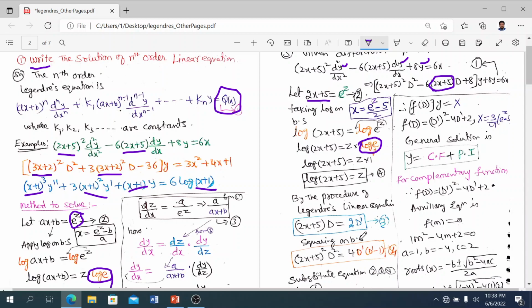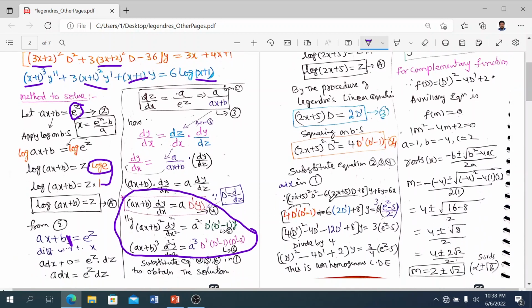Now squaring on both sides, (2x plus 5) whole square d square is equal to 2 square, 4, d dash can be written as d prime into d prime minus 1. So this is (2x plus 5) whole square here and (2x plus 5) d here. So what we will do, we will substitute this value in the first equation.